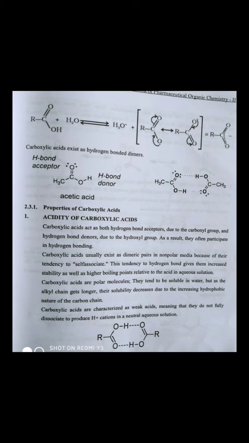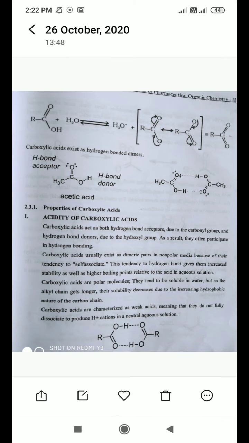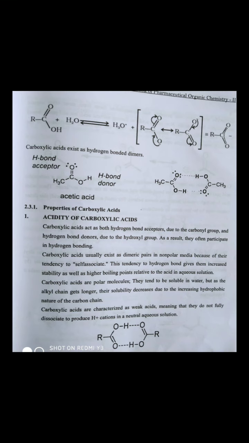This is the ability of carboxylic acid: it can easily act as an H bond acceptor and an H bond donor. Through this ability, one acid molecule can be bonded to a second molecule as a dimer, with the help of hydrogen bonding.